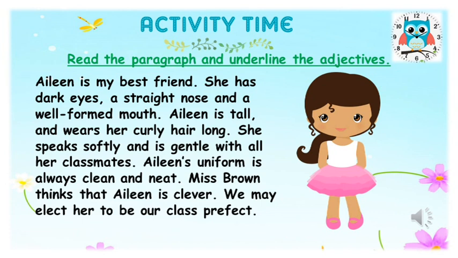She speaks softly and is gentle with all her classmates. Irene's uniform is always clean and neat. Miss Brown thinks that Irene is clever. We may elect her to be our class prefect.